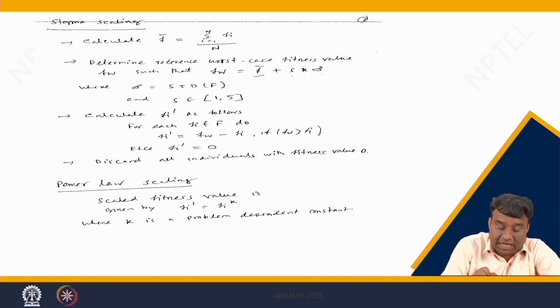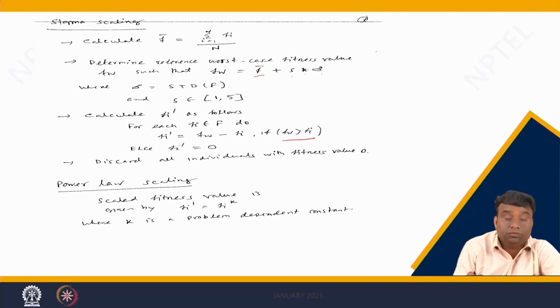Then calculate Fi dash as follows. For each Fi belonging to F, Fi dash equals Fw minus Fi if Fw is greater than Fi, else Fi dash equals 0. Discard the individual with fitness value 0. So that is the sigma scaling.